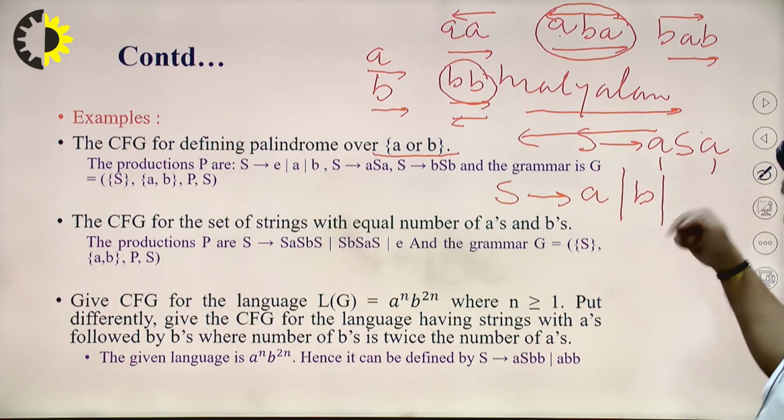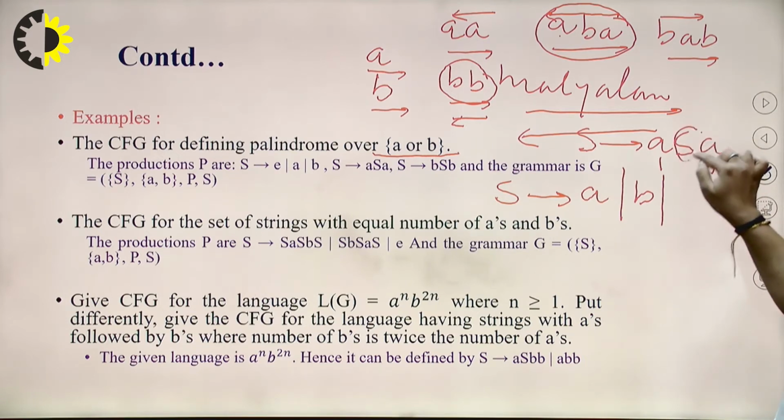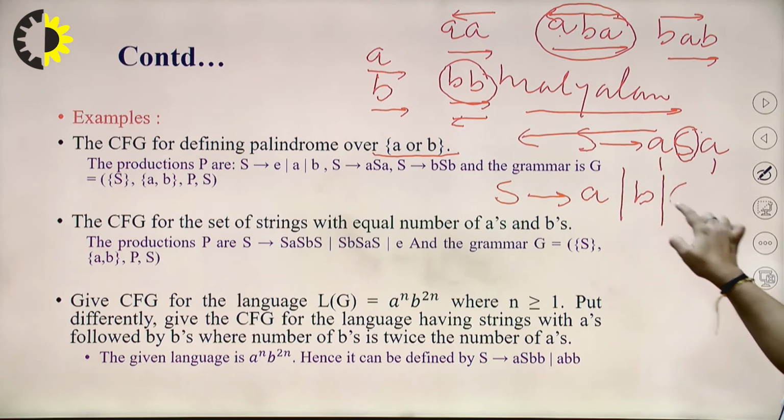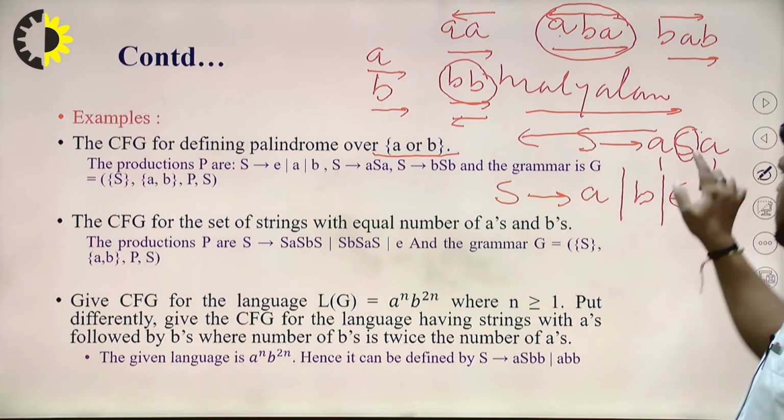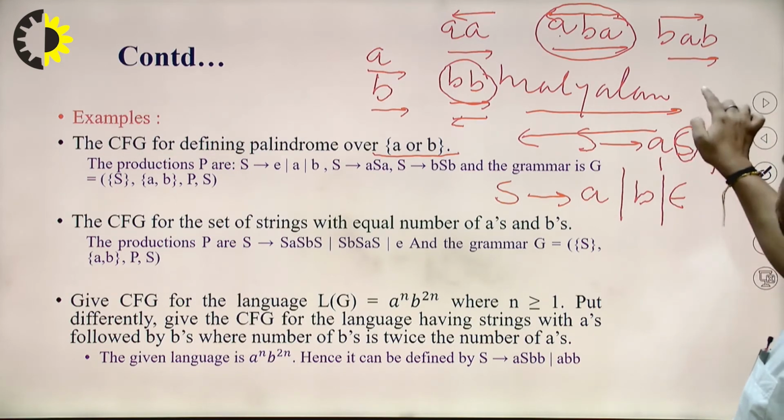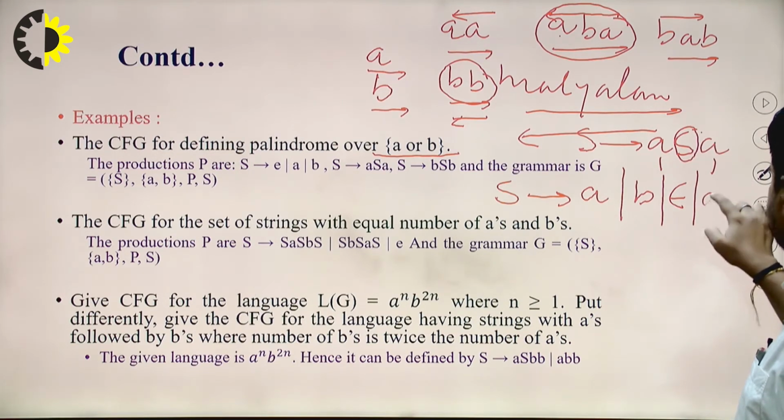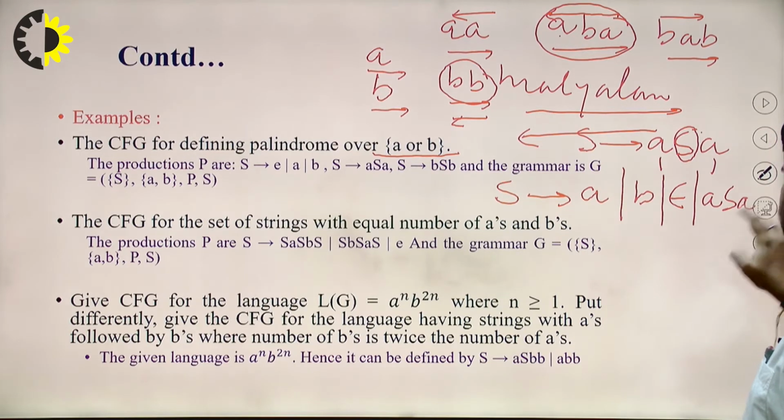After that, you substitute the value of S by epsilon, so epsilon will also be a member of this, and AA will be generated. Similarly, this will also be a production: S tends to ASA.